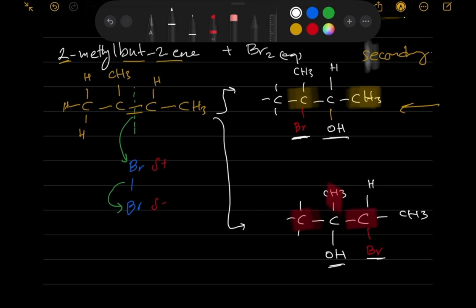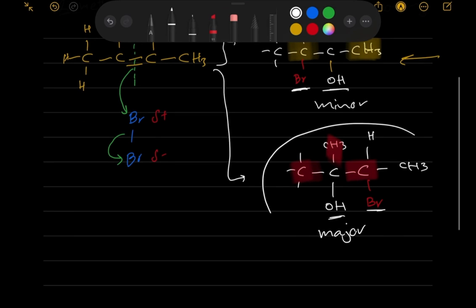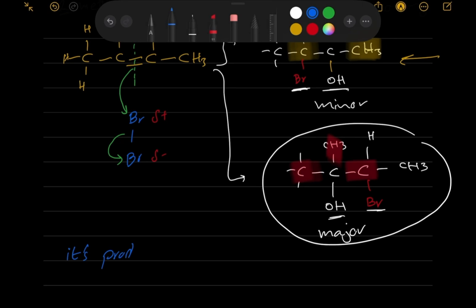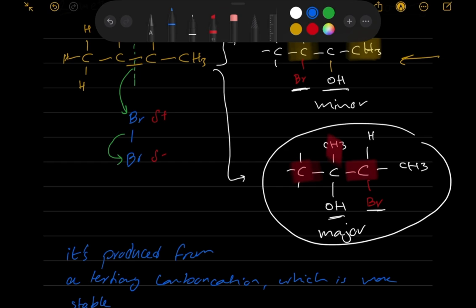So this one here, down below, will be the major compound because it is made from a more stable carbocation. Here it's minor. If you were asked which of these is more stable, or why this compound here is the major compound, you have to mention that it's produced from the tertiary carbocation, which is more stable than the secondary carbocation.